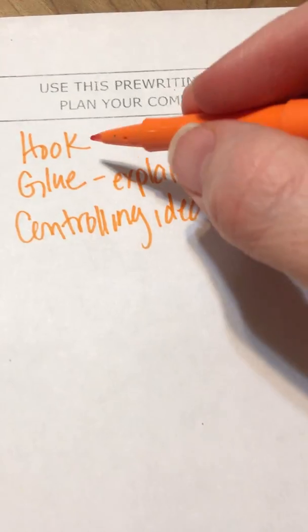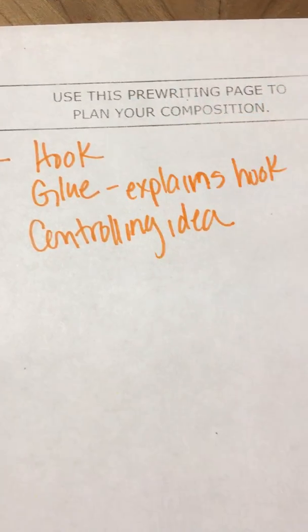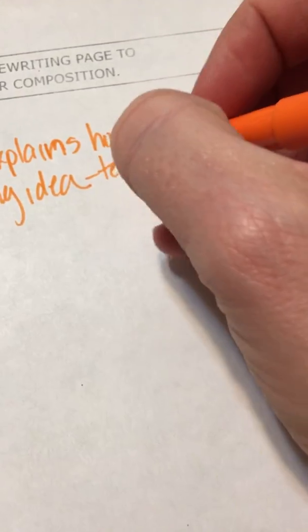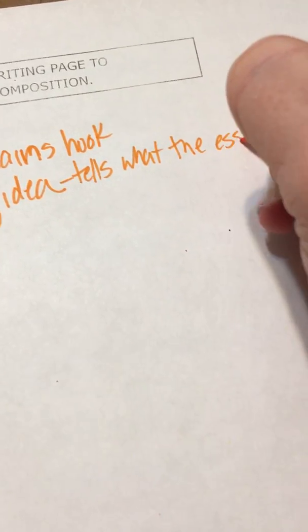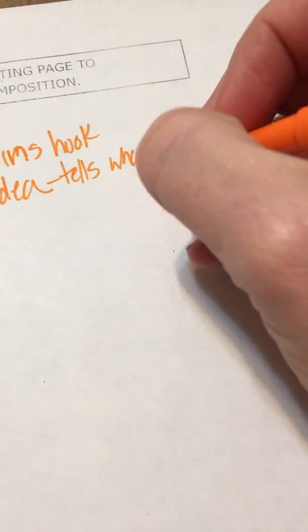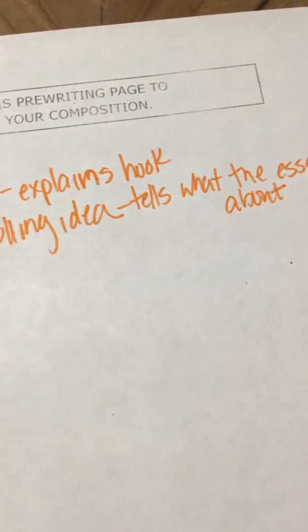So your hook hooks the reader, your glue explains your hook, and your controlling idea tells what the essay is about. And that comes from box 3 from the previous video. Okay, so these are all parts of my introduction.